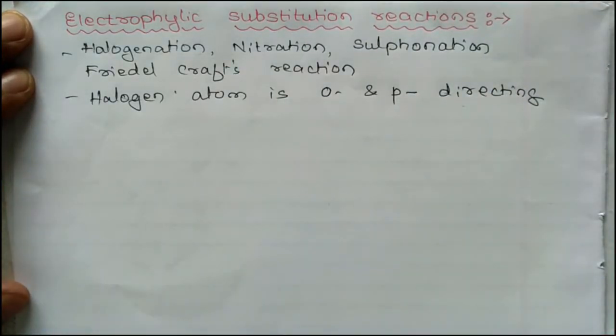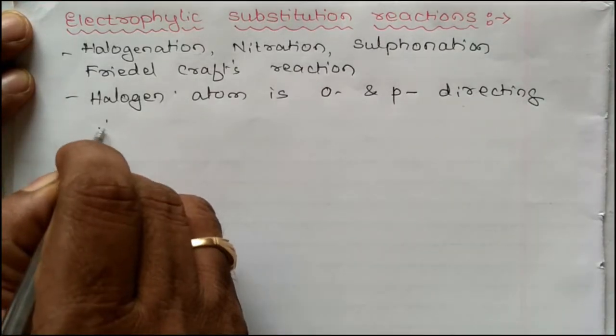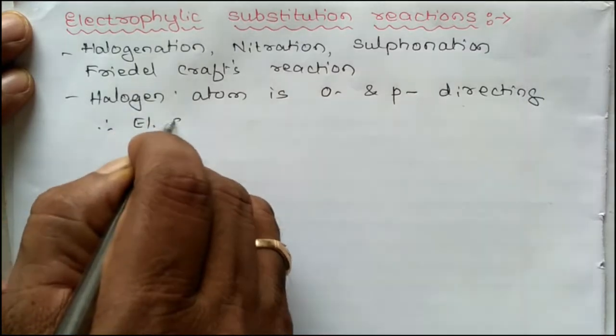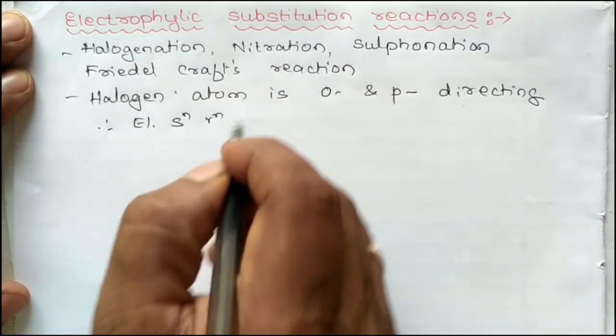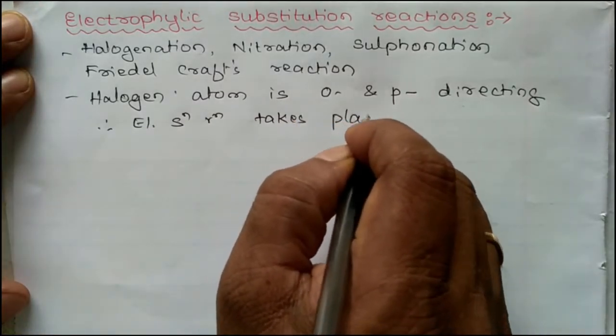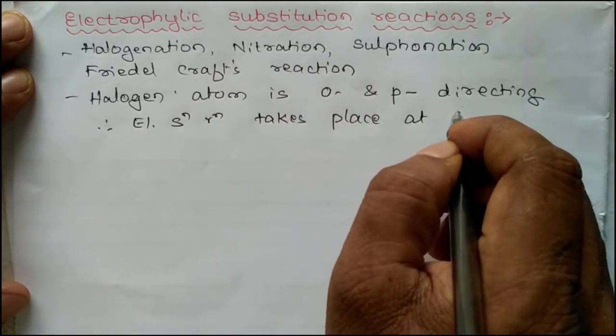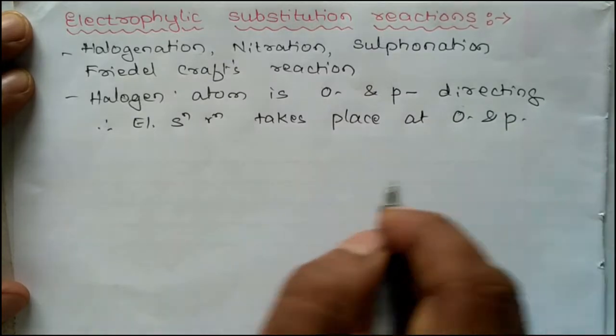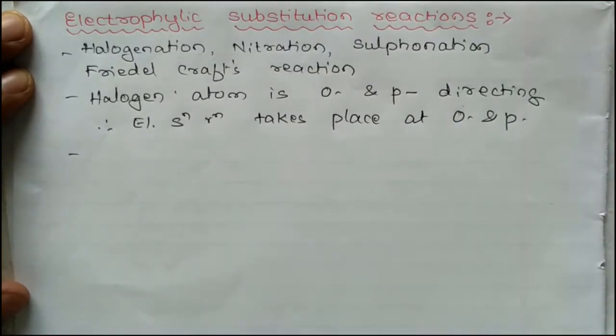Hence, the electrophilic substitution takes place at ortho and para positions. Therefore, the electrophilic substitution reaction takes place at ortho and para positions.